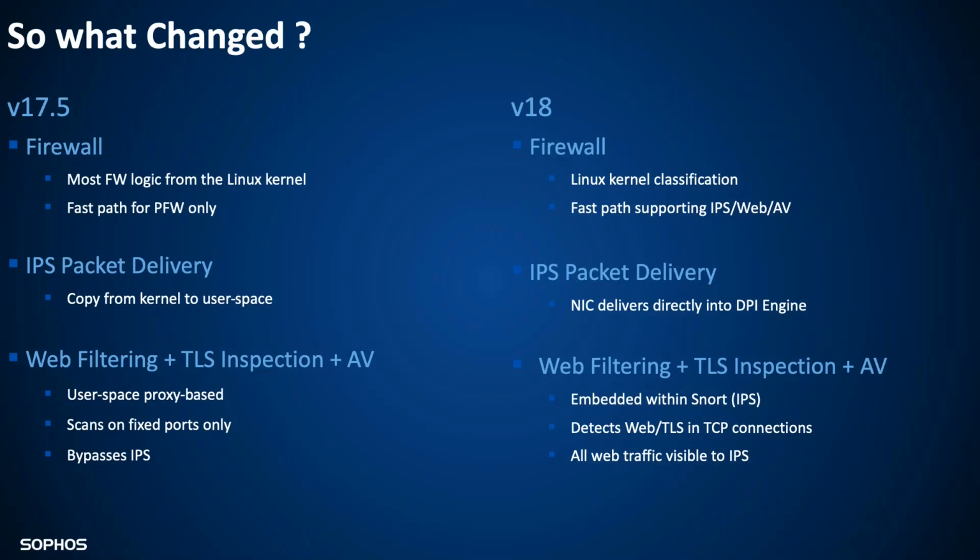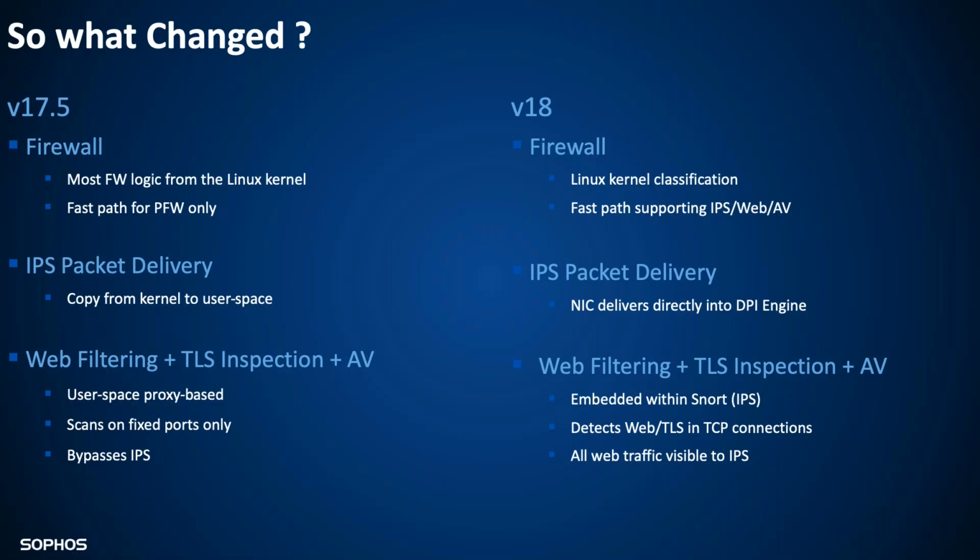And what has changed from 17.5? Most of the firewall logic remains the same. The IPS packet delivery used to happen from kernel to the user space, whereas in V18, the NIC can directly deliver the packet to the DPI engine.